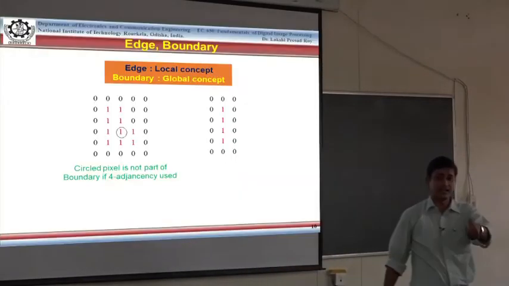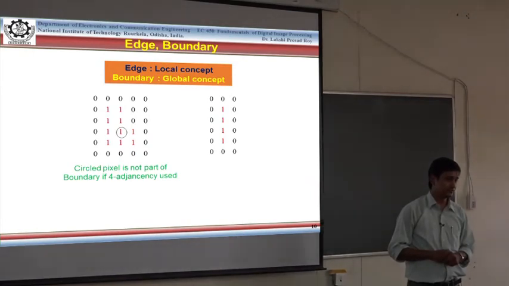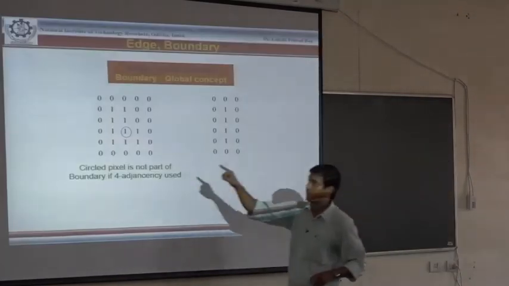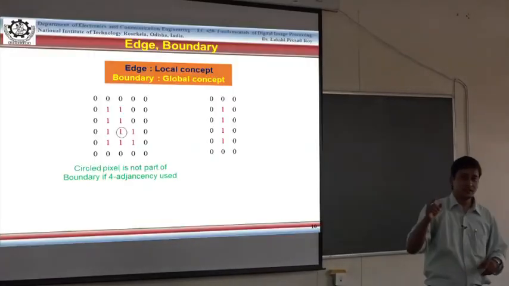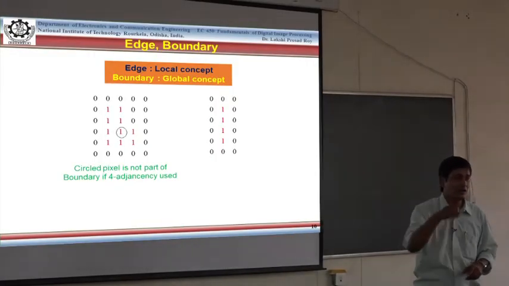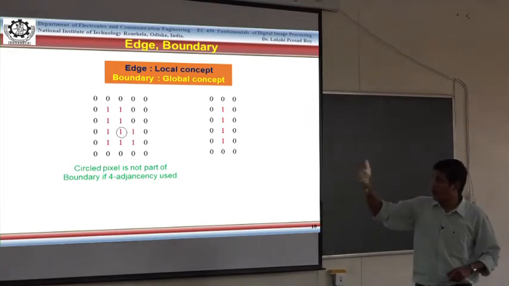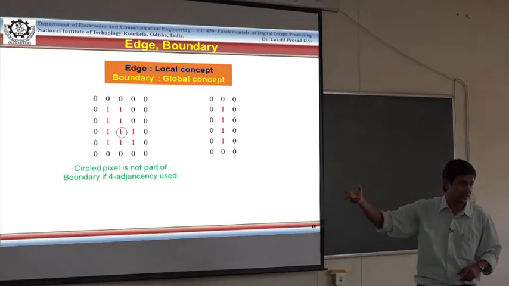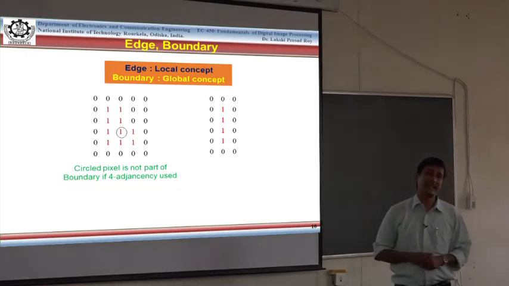Only one diagonal has gone to 0. So, of this pixel or this location, since remaining are all having adjacency with that region, but some portion of it is not adjacent to this, those locations will be called edges.